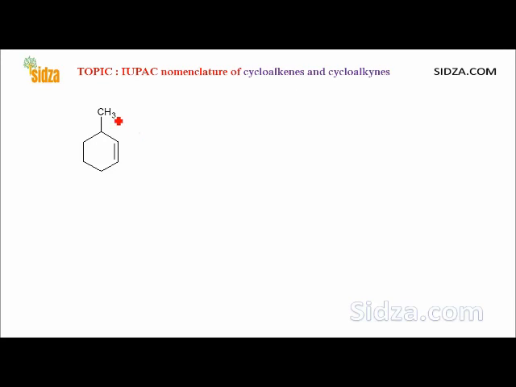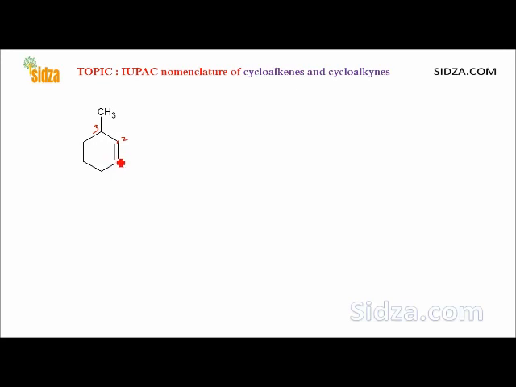If you have a substituent group around a ring which contains a double bond, the numbering is done so that the double bond gets the numbers 1 and 2, right? So I'll start from here, number 1, this will be given the number 2, and this the number 3. The numbering in the cyclic ring is done so that the double bond gets the number 1 and the number 2 there.